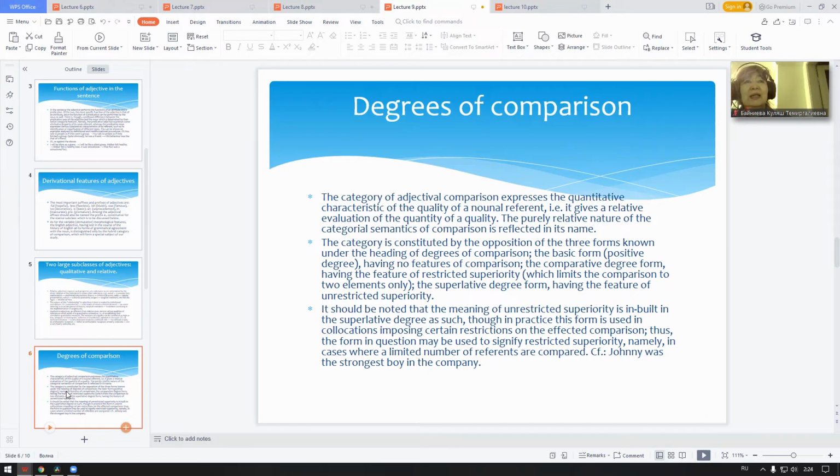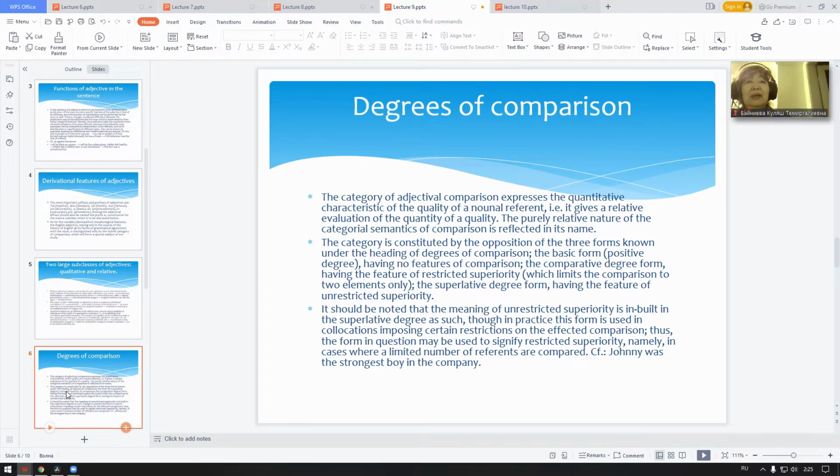The category is constituted by the opposition of the three forms known under the heading of degrees of comparison: the basic form, positive degree, having no features of comparison; the comparative degree form, having the feature of restricted superiority, which limits the comparison to two elements only; the superlative degree form, having the feature of unrestricted superiority.